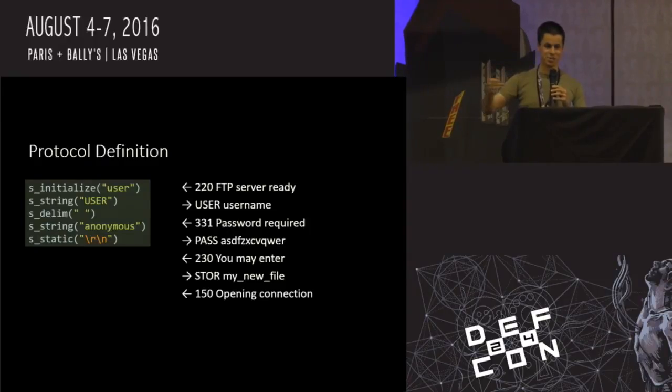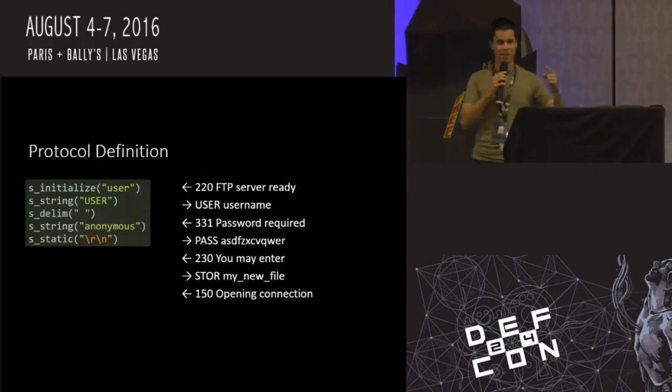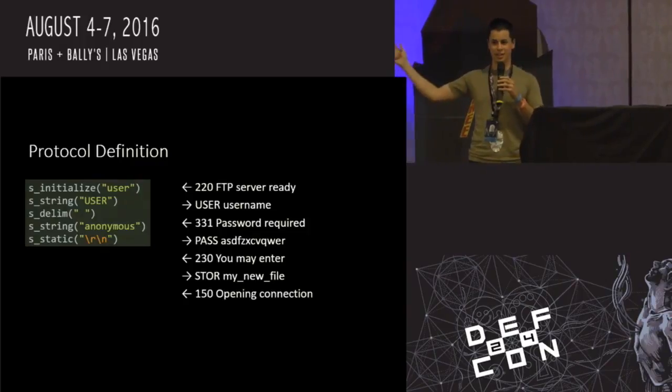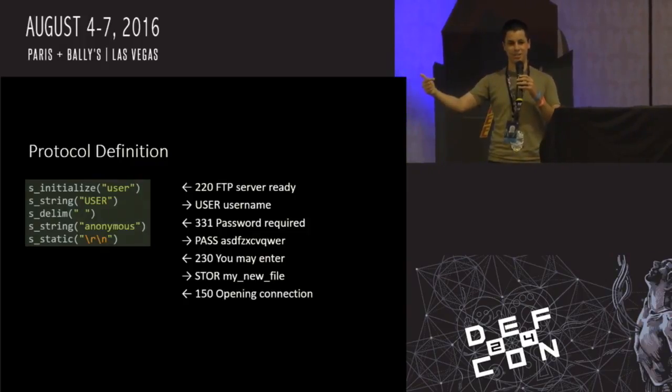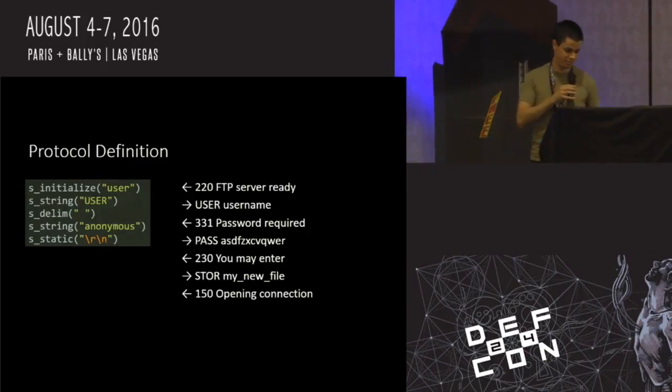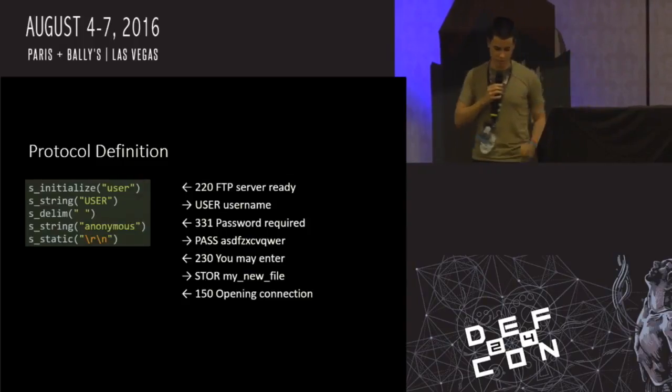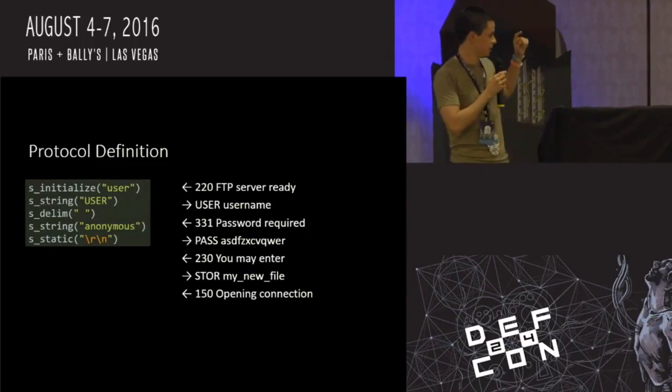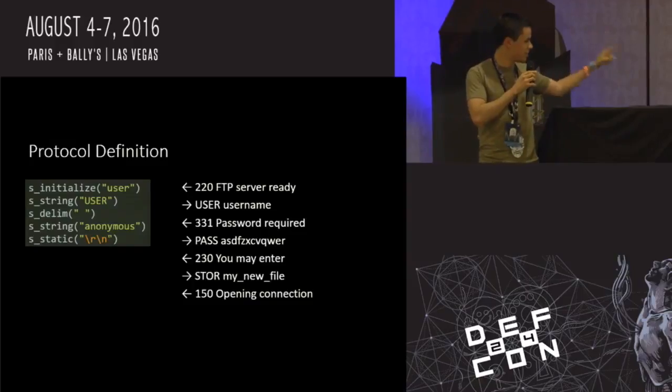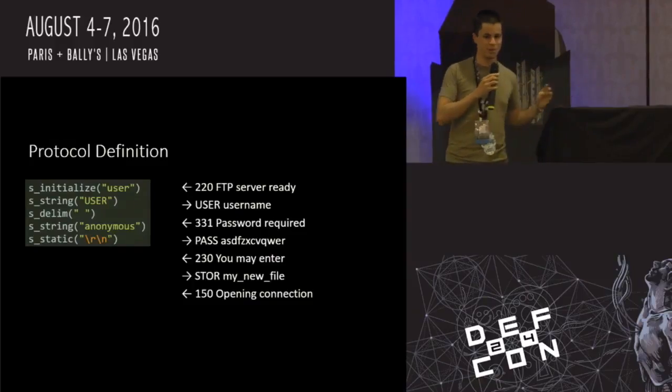And then you give some command like store or retrieve, read or write. And then actually FTP will open another port to send the actual data across, but we're not worried about that right now.